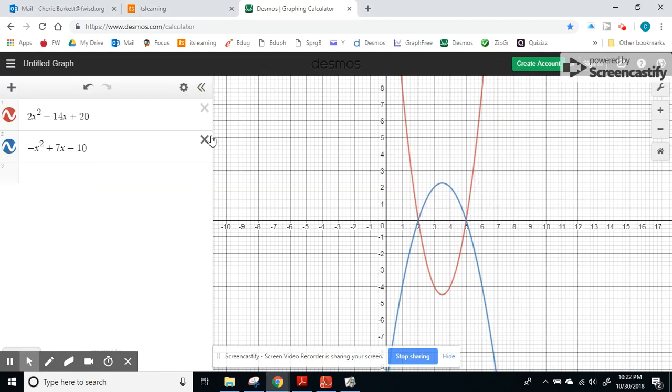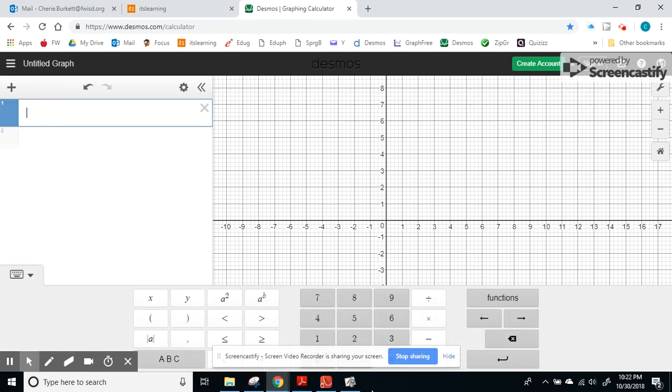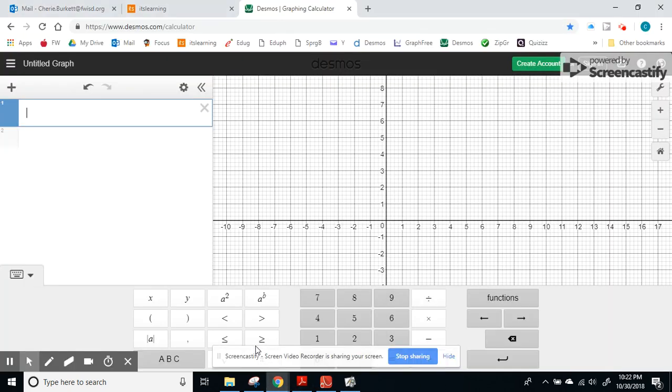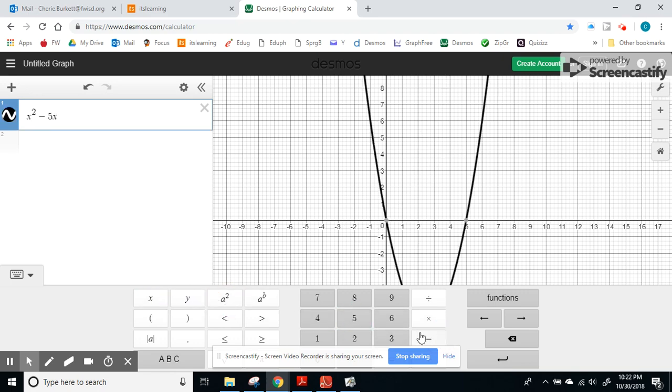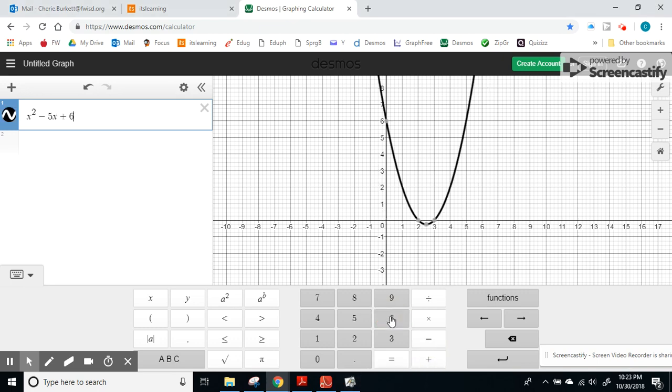I'm going to type in what I just wrote down, x squared minus 5x plus 6.